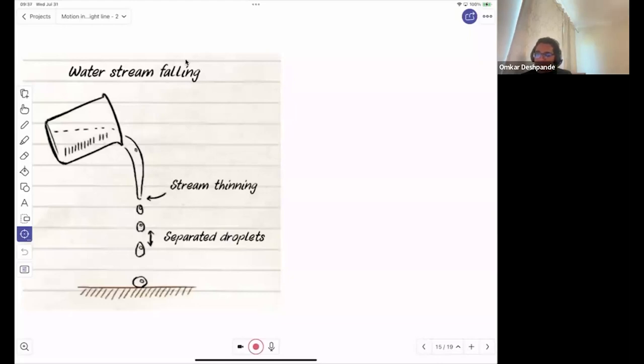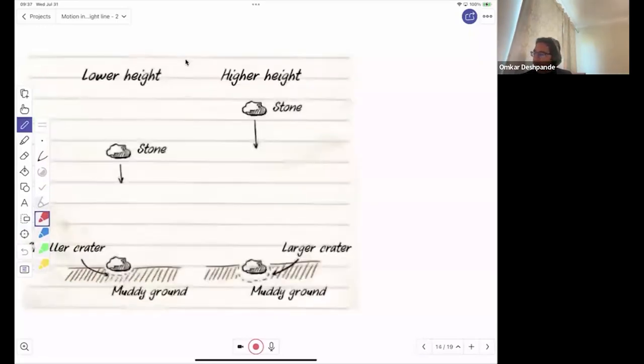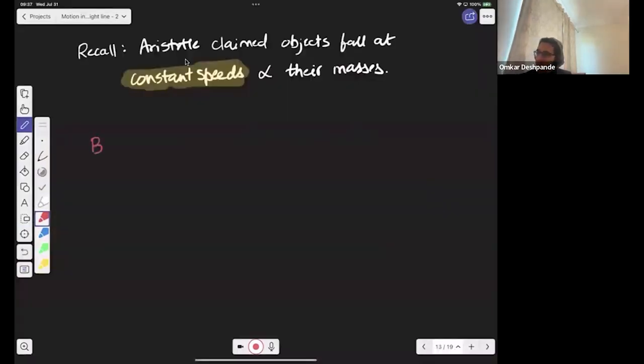So, based on these observations, we can say that velocity appears to change with time.